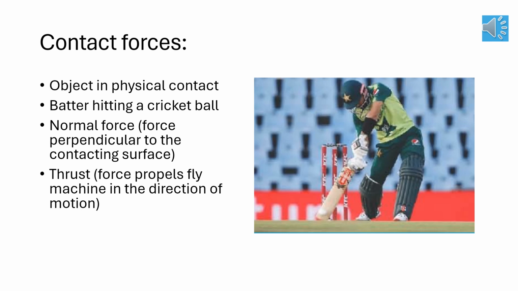Now there is a force that is acting on that book in upward direction, meaning there is a force that the table is exerting on the book in upward direction. So this force is called normal force, and it is always perpendicular to the contacting surface.